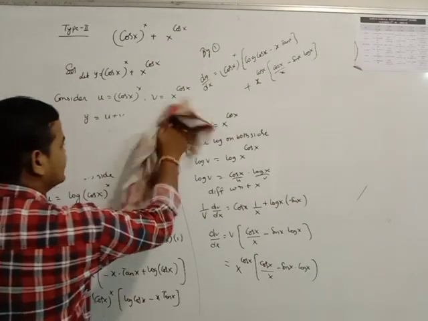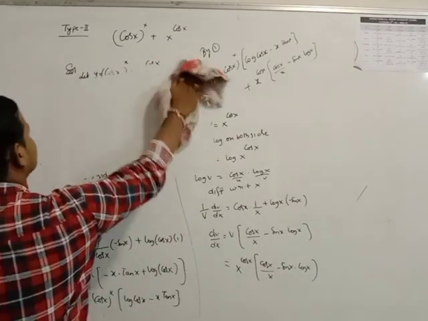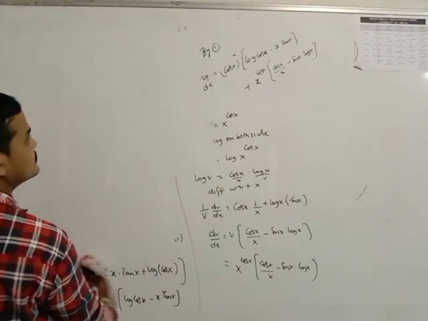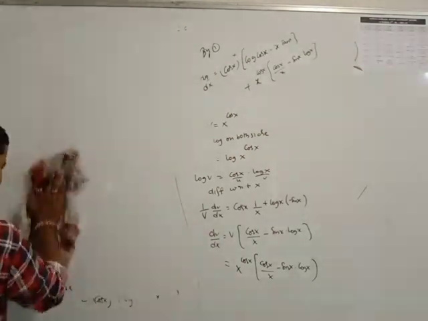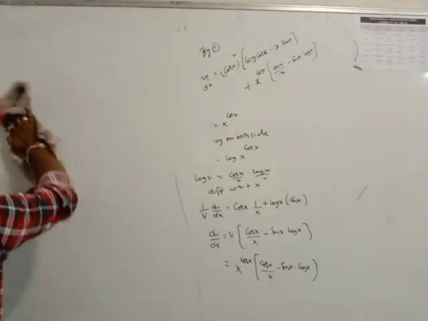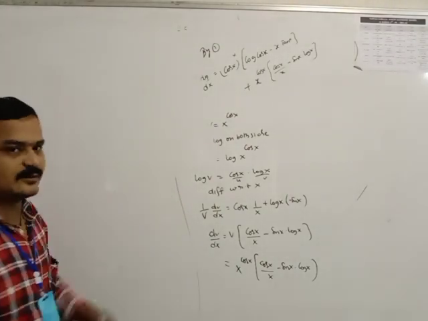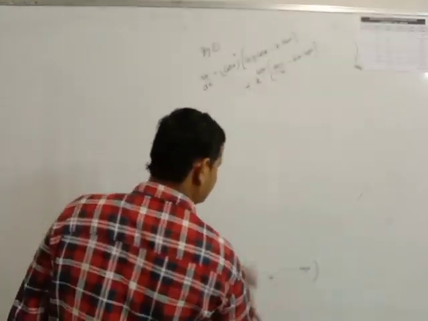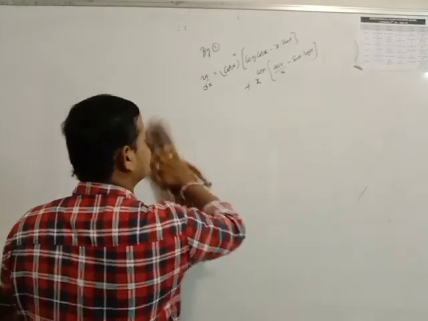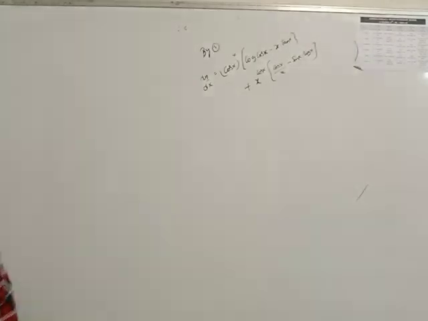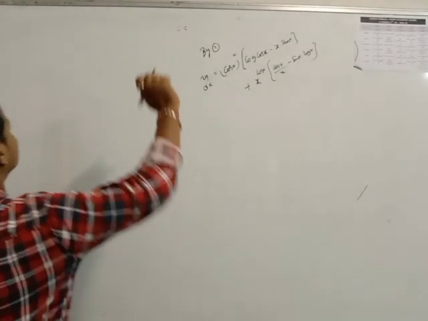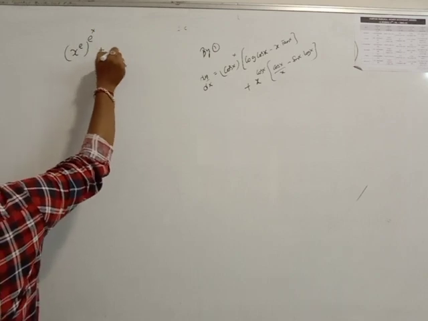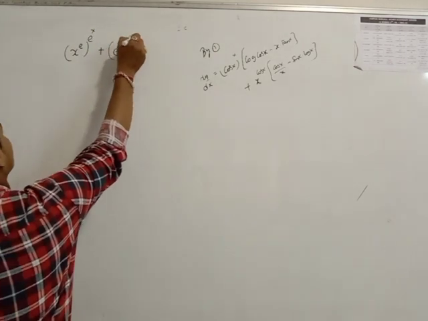This is the type 2 method. And in type 2 you can do another very important problem: x to the power of e, whole to the power of e power of x, plus e power of x, whole to the power of x to the power of e.